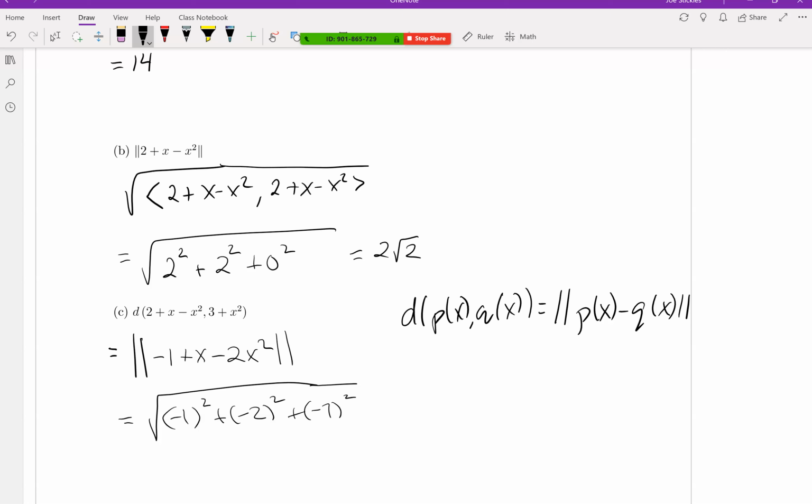This is what you get when you plug in 0, this is what you get when you plug in 1, and this is what you get when you plug in 2. And so this gives me 1 plus 4 plus 49, which gives me square root of 54. I did my arithmetic right. If I want to be fancy, I'll simplify my radical.